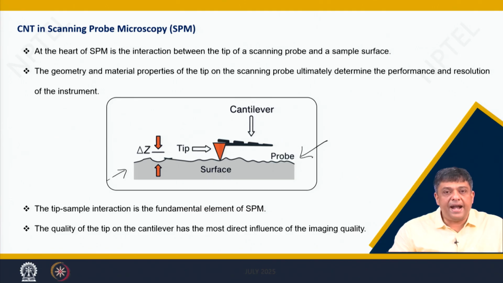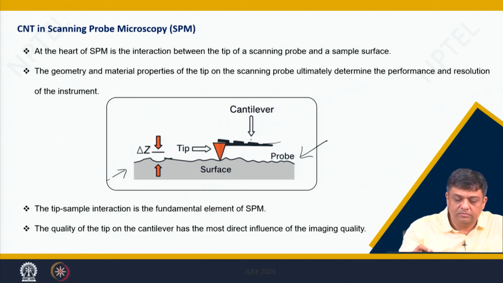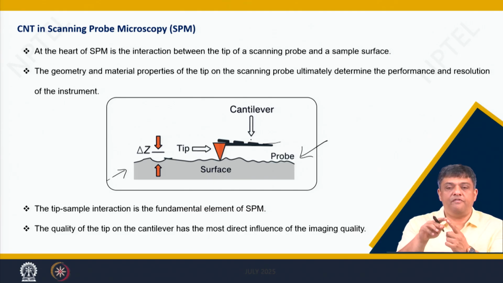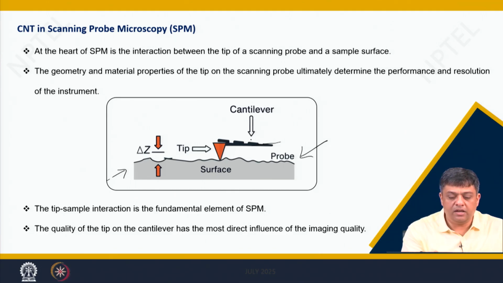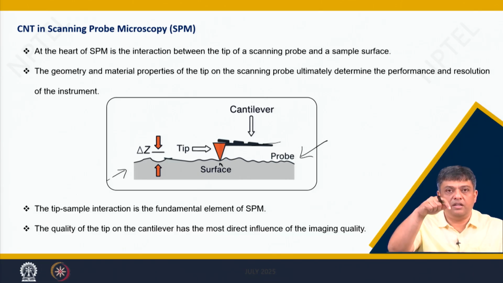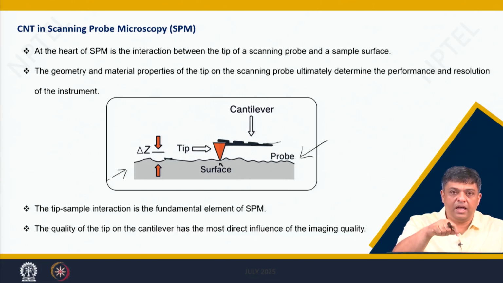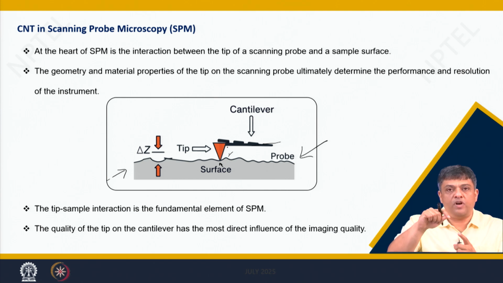You take a cantilever with a tip on the top, and now you move this cantilever throughout the sample, and when you get a trough, the cantilever can come down, and when there is height modulation, if the height increases, then the tip will move up and then the cantilever will also move up.